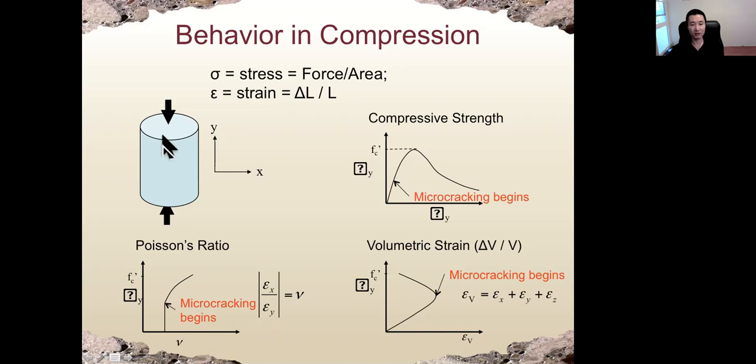The signs of epsilon x and y are different because one is under compression and the other is under tension. The absolute value of the ratio of these strains we call Poisson's ratio. For concrete, Poisson's ratio is around 0.2, from 0.18 to 0.2.